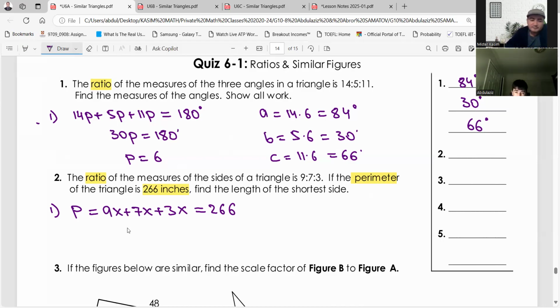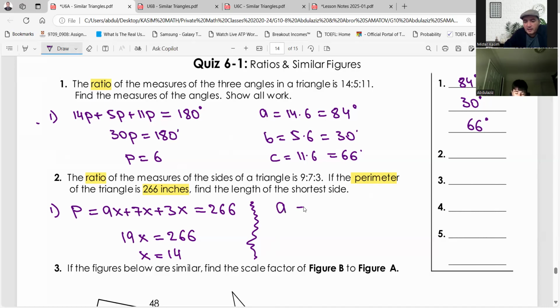And now here 19x should be equal to 266. So from here, x is equal to 266 divided by 19. That's equal to 14. And we find the sides.